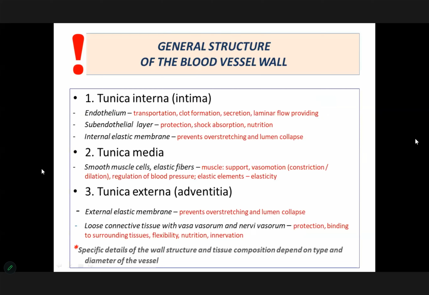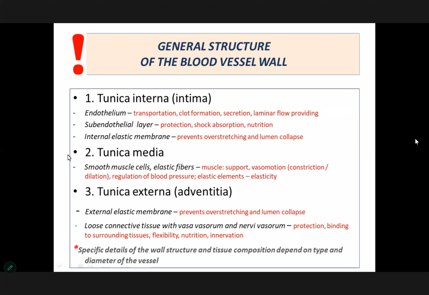Now, this is also important information that you should know by heart, the general structure of the blood vessel wall. All blood vessels have a general structural plan that includes 3 layers or tunics. Tunica interna, which is also called tunica intima.